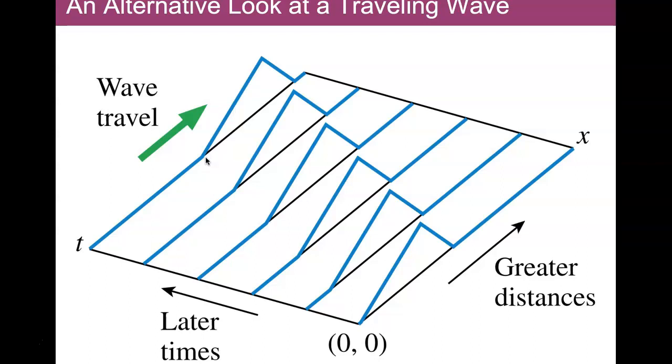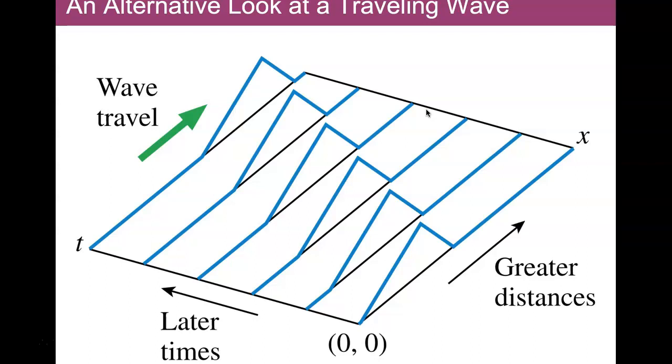You can either think about putting all snapshot graphs together for different times, which is done here, or putting all history graphs together for different positions. So then that gives you a function of two variables, x and t, position and time, and you know the height everywhere along this string for all the times.